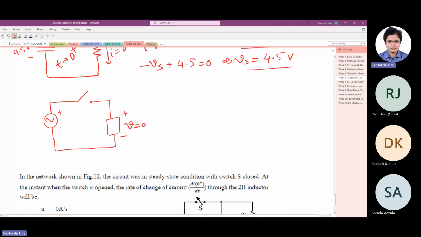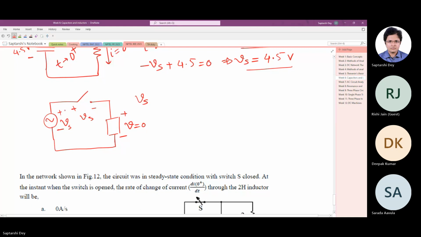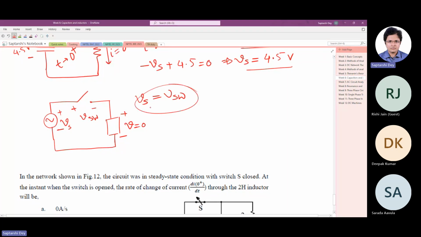But the source has some voltage, V source. So the switch is now blocking the source voltage. The switch is now blocking the source voltage.